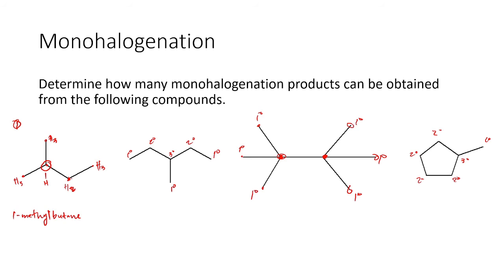For this one, majority of the product of halogenation, ulitin ko ha, kapag bromination ang susundin natin, halos lahat ng bromine ay ito ang i-break. Pero may tendency rin na pwedeng ang kunin niya is either of these two secondary hydrogens, pero mababa yung chance na magbabond siya rito sa mga primary.